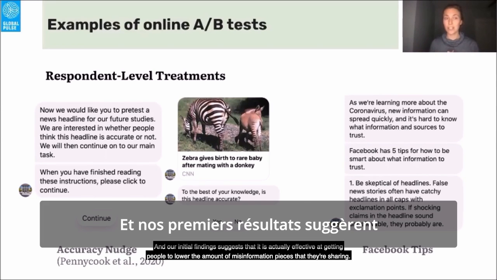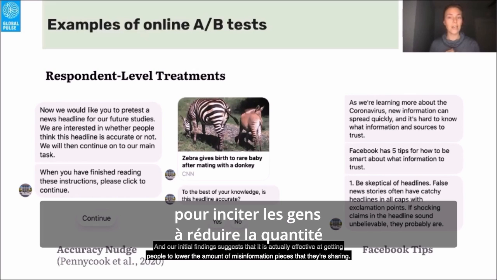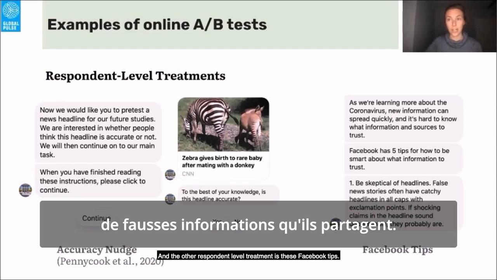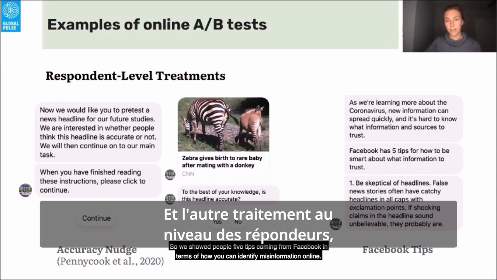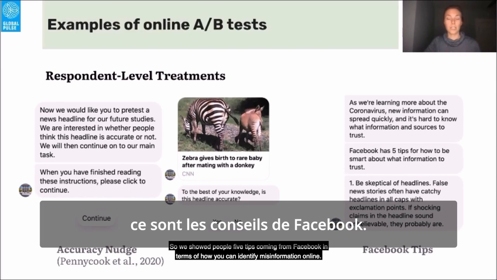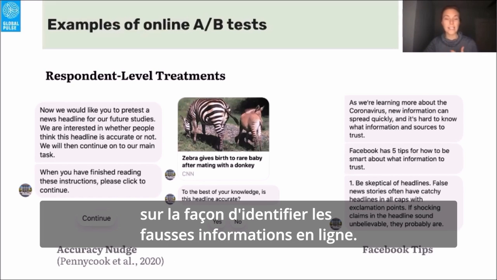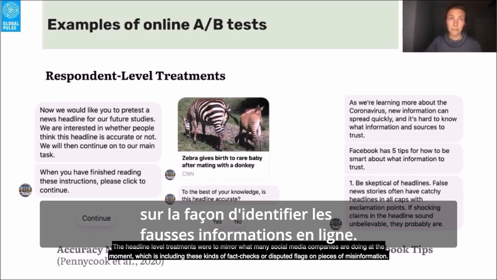And our initial findings suggest that it is actually effective at getting people to lower the amount of misinformation pieces that they're sharing. And the other respondent level treatment is these Facebook tips. So we showed people 5 tips coming from Facebook in terms of how you can identify misinformation online.